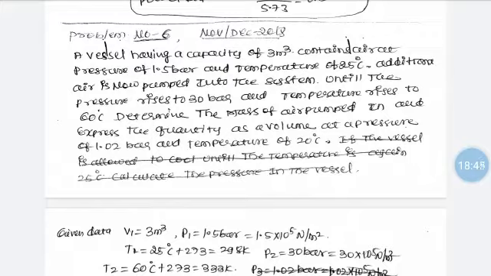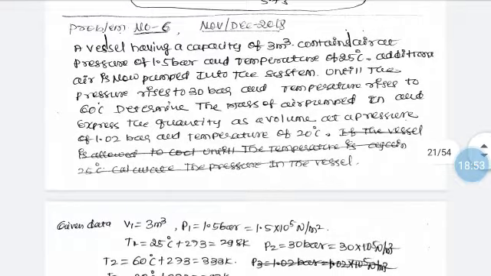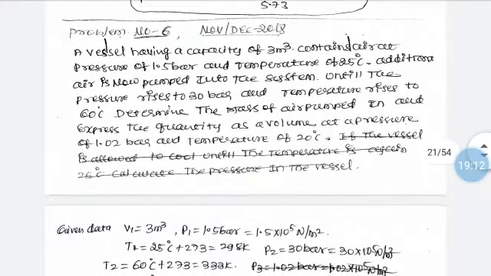So P1 is given as 1.5 bar, which you can convert into 1.5 into 10 raised to 5 Newton per meter square, since 1 bar is equal to 10 raised to 5 Newton per meter square. And the temperature is 25 degrees Celsius. So T1 is equal to 25 plus 273, which is 298 Kelvin, so we have converted degrees Celsius into Kelvin.